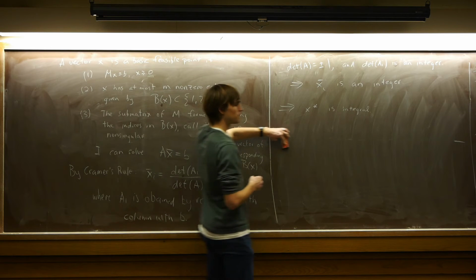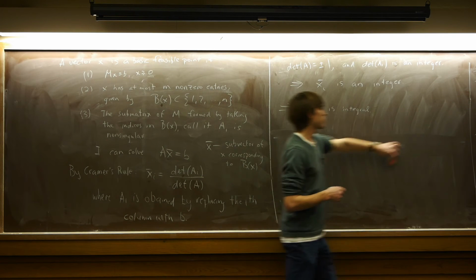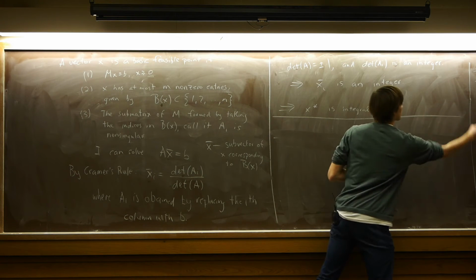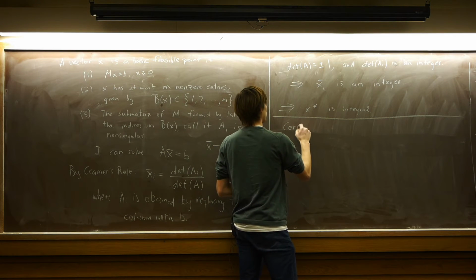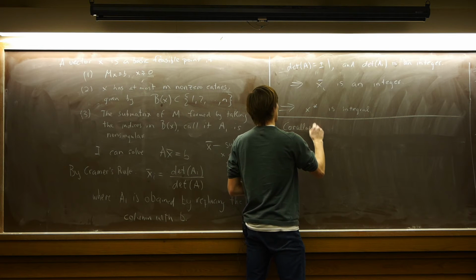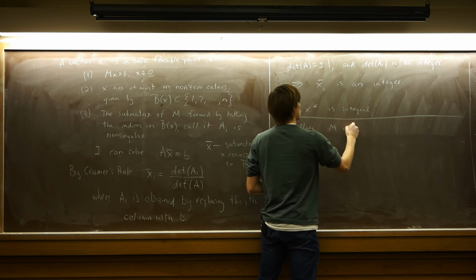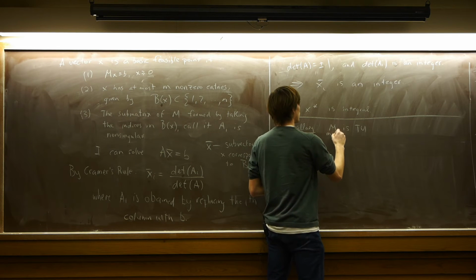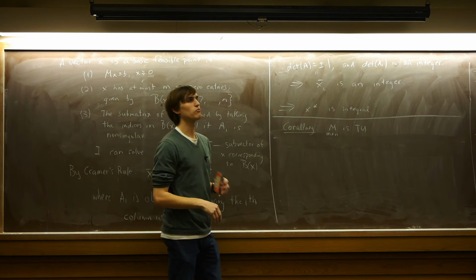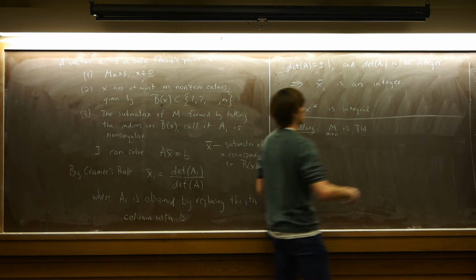Okay, let me throw my corollary down right here, and then we'll get on to the applications to graph theory. Again, I'm going to say that M is totally unimodular. I'm not going to say now that it has to have more columns than rows.